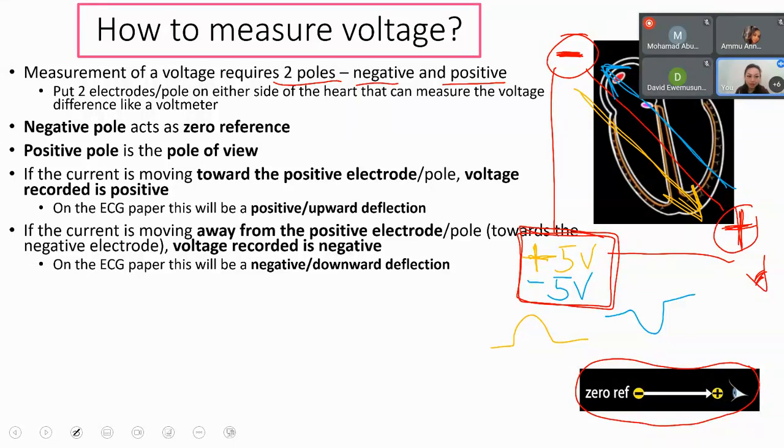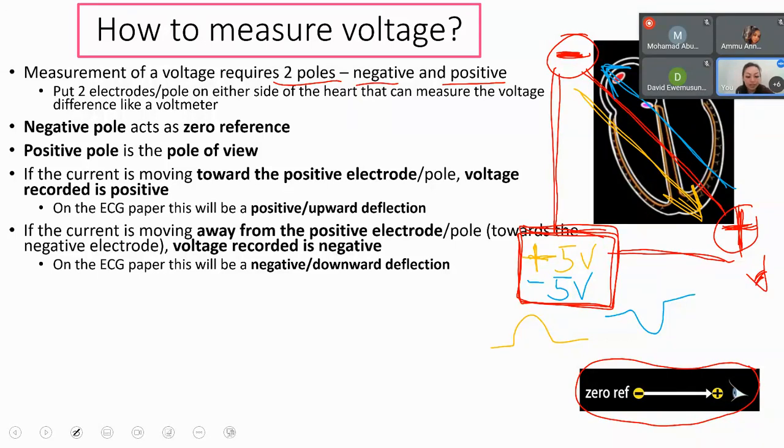Right. So to measure voltage, we need to put two different electrodes. We need a positive electrode and a negative electrode to be able to measure voltage. So I put a negative electrode there and I put my positive electrode here. Then I connected them into a voltmeter. This is my voltmeter, this box here. A voltmeter just measures the voltage.